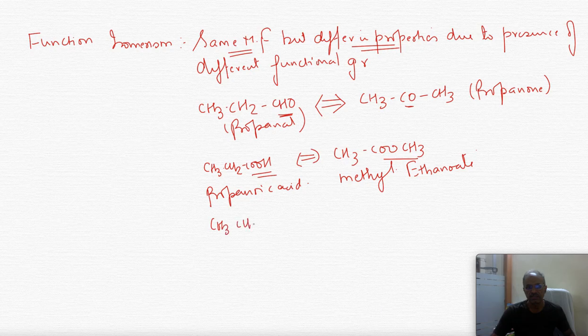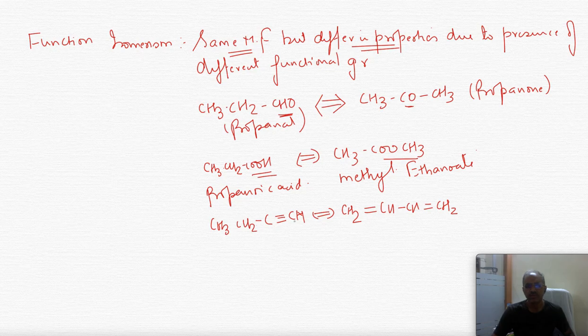Now similarly we can take one more example. CH3CH2-C≡CH. Now this also can be written as CH2=CH-CH=CH2.